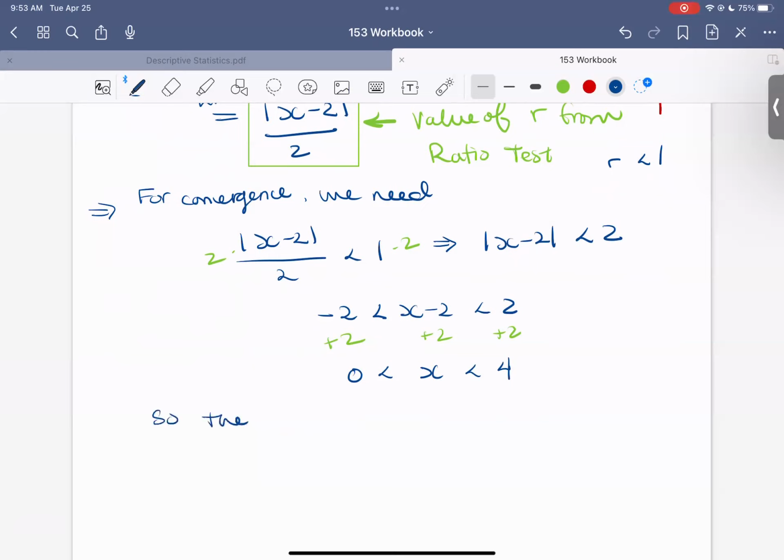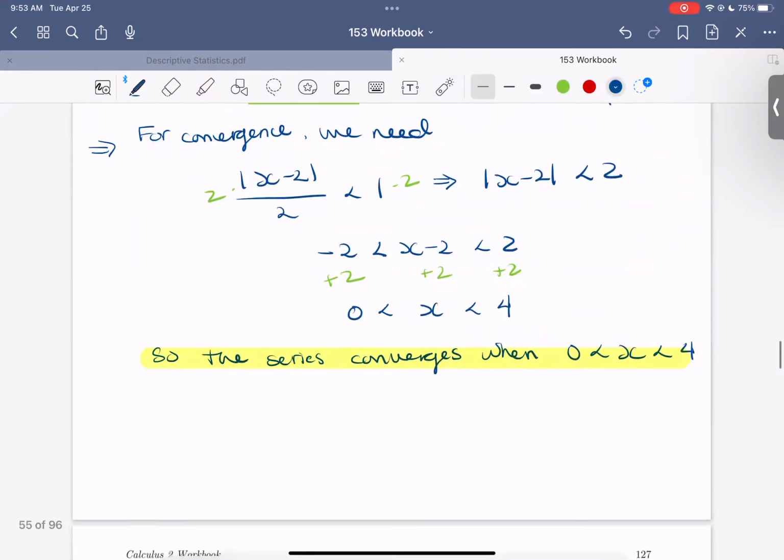So the series converges on this interval, when x is between 0 and 4. Okay, so we know we have convergence there, but now we still have the question, what about the endpoints?